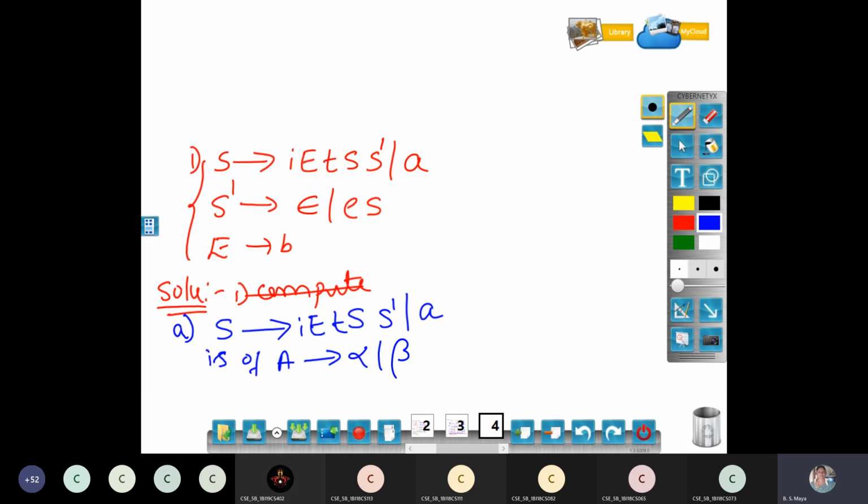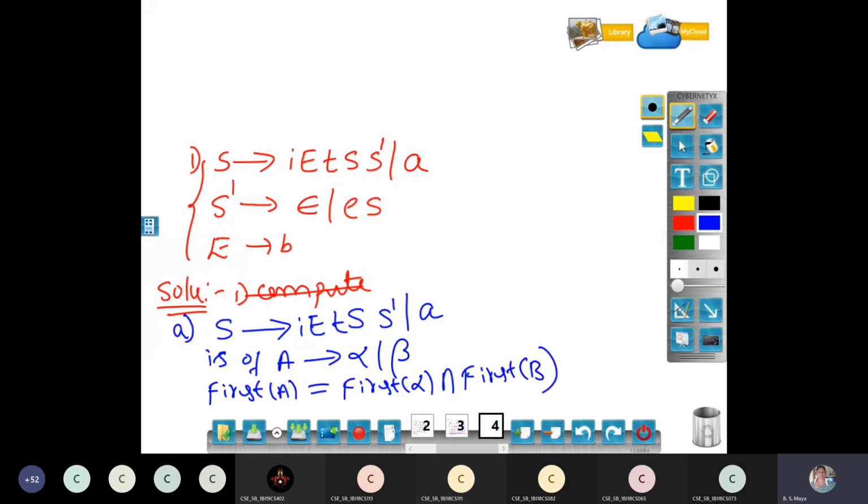Then I can apply the formula: first of alpha intersection first of beta should be empty. See, this is the formula.